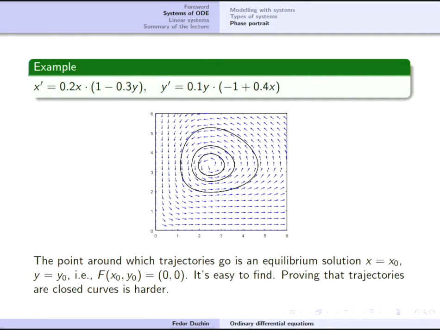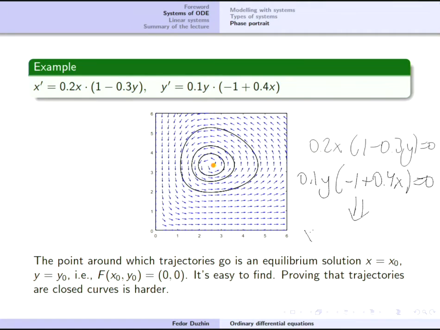There is an equilibrium solution here, which happens to be somewhere here. An equilibrium solution is when the right-hand side is 0. If you want to find it, you can always write 0.2x times (1 minus 0.3y) equals 0, and 0.1y times (minus 1 plus 0.4x) equals 0, and then you can find x, y.